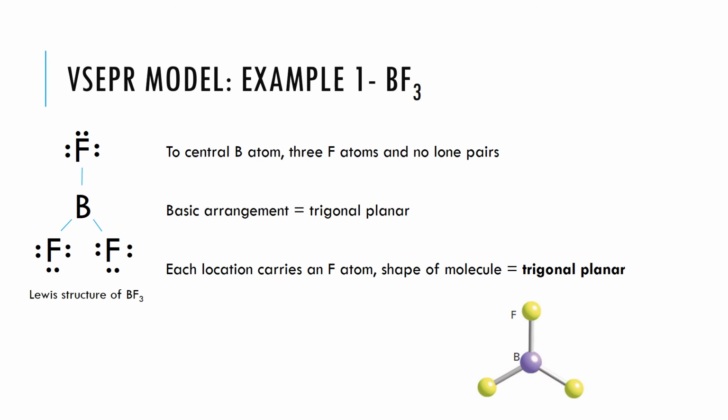So let's have a look at some examples. Let's go over an example I showed you a couple of slides ago, BF3. On the left there is the Lewis structure for BF3. You'll note I've omitted the dots for the bonds there, but they are there. Each atom in that molecule has a complete octet.